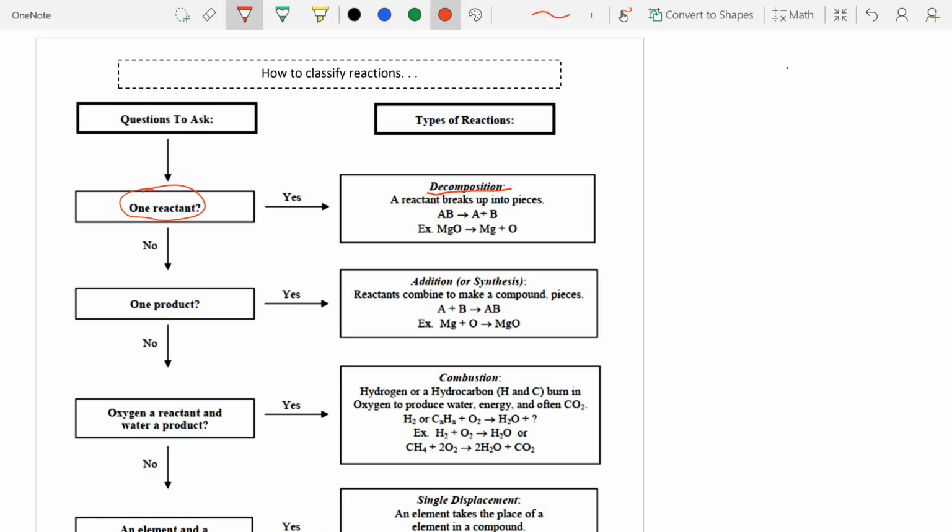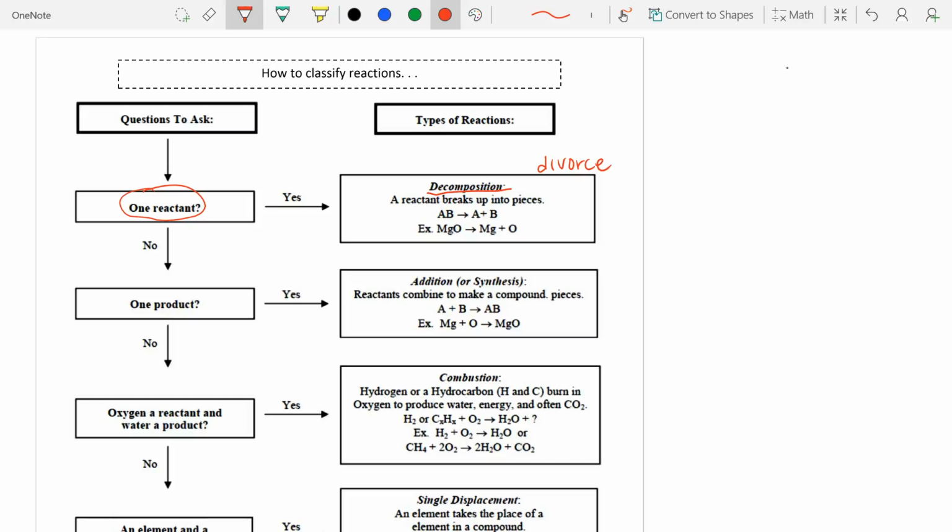Now, if you think about it, it's when a reactant breaks up. Anytime you have decomposition of leaves or decomposition of a body, it's when you're breaking up. And when you're breaking up, that's kind of like divorce, okay? Because chemical equations are all about the relationships between compounds.